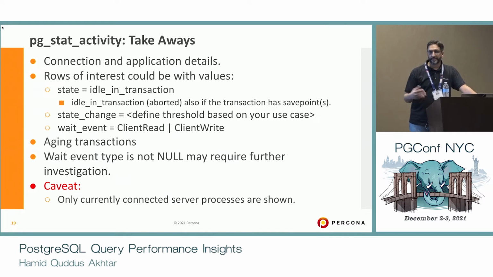Based on that, you can see whether it's expected behavior that the state hasn't changed for a while, whether it's minutes or hours, and you can flag those through either some cron job or other mechanisms. Obviously, aging transactions, I've already gone through that. They're pretty useful.